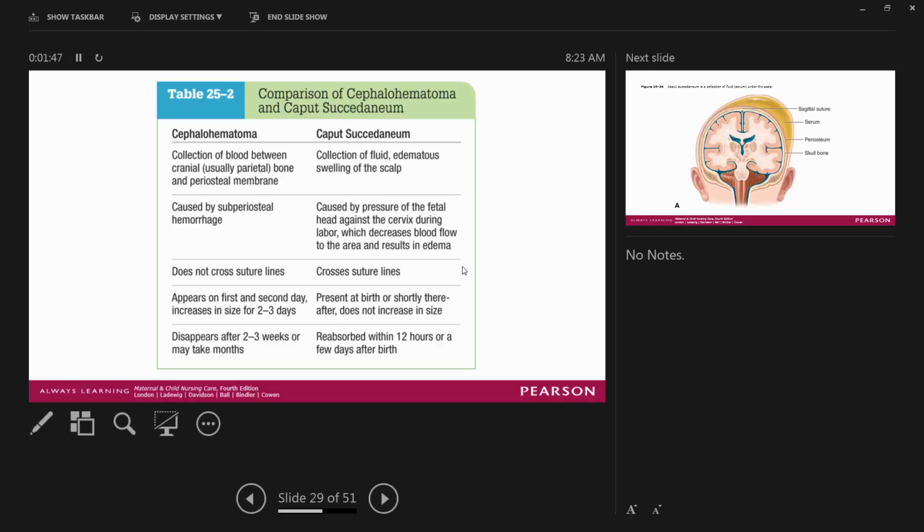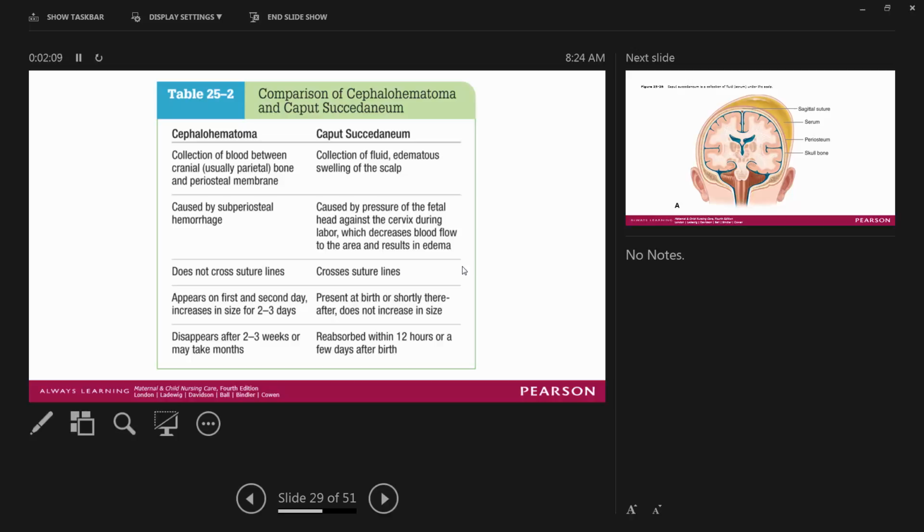So how do you tell the difference between a hematoma and a caput? A hematoma is a collection of blood, and a caput is just fluid. The causes are listed there.